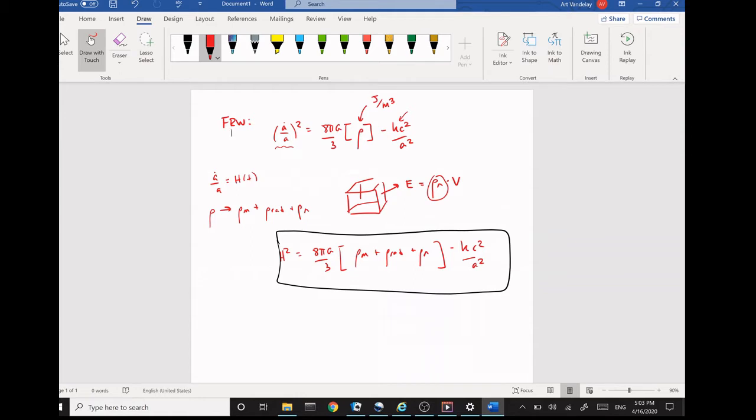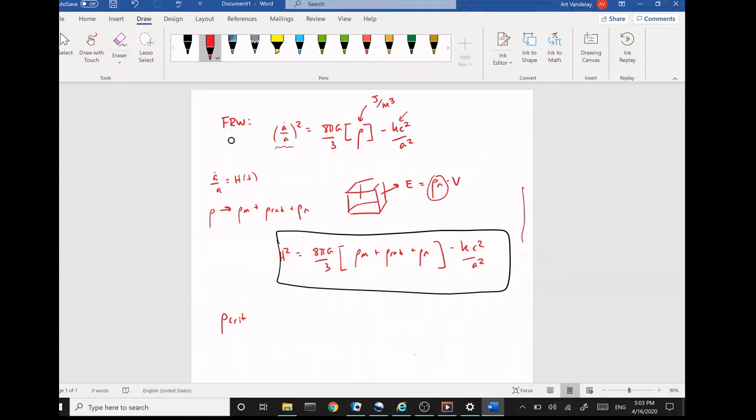And the way you do that is by first rewriting the FRW equation in a slightly more convenient form. We define a critical density. We're going to call this rho crit. The critical density is the critical amount of density such that if there's more than that in the universe, then my curvature will become plus 1.